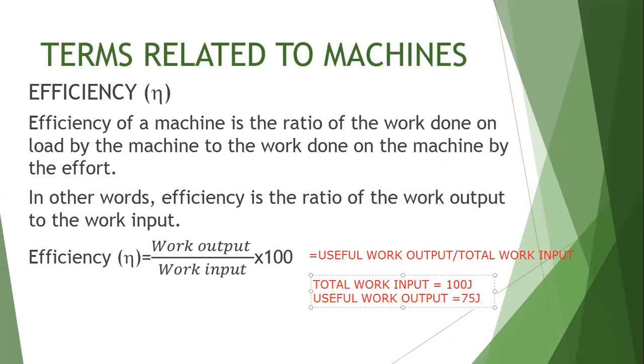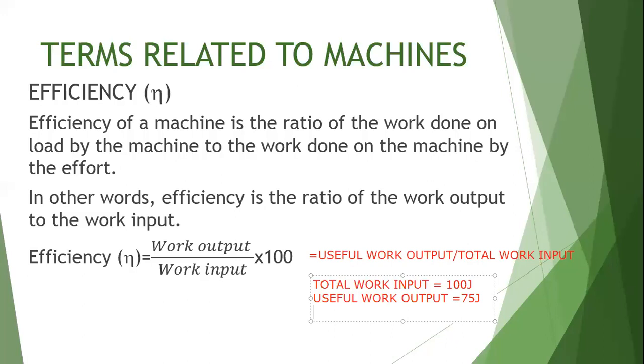So the total work input is 100 joules, but the useful work output is coming out to be 75 joules. Means the total work input on the machine is 100, but out of that 100, only 75 joules is being converted for useful work.